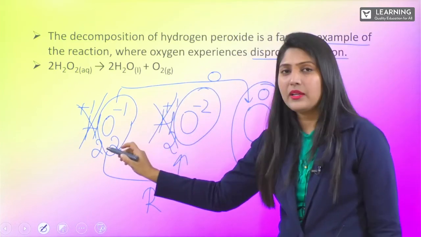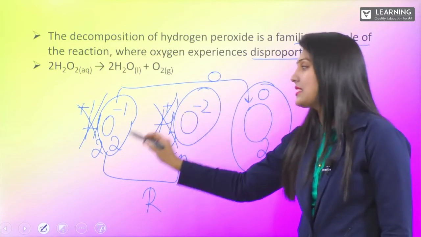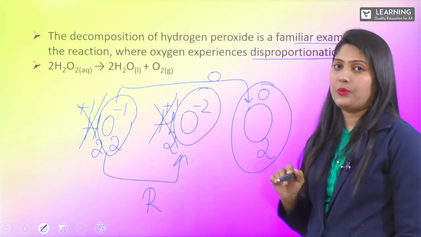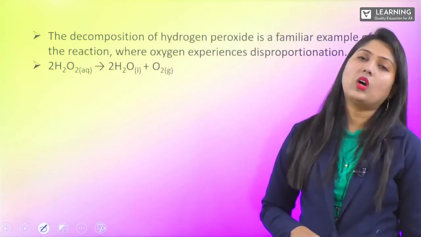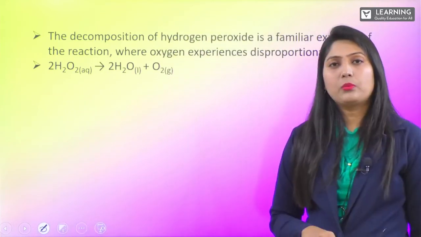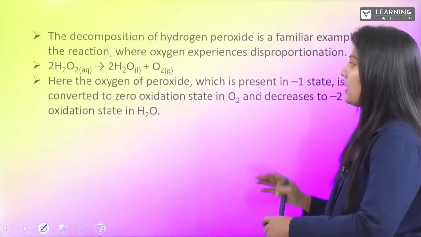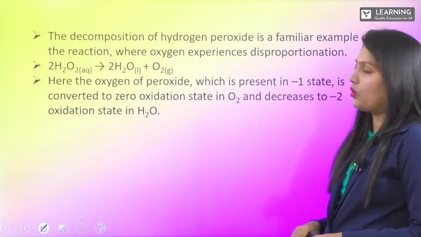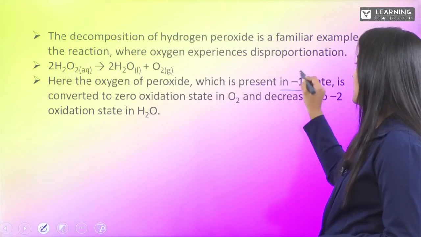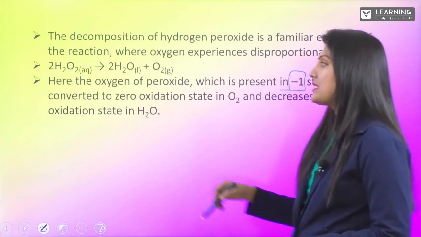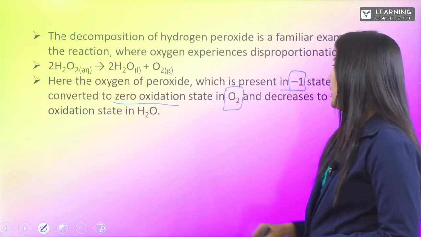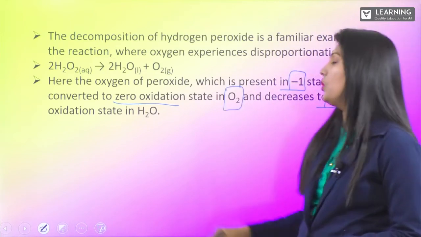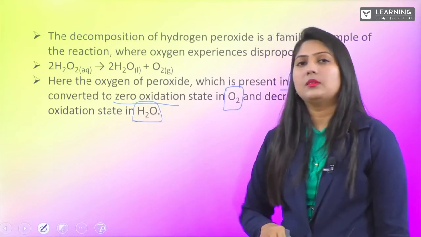The same element will undergo reduction and the same will undergo oxidation. Got it? That type of reaction is called a disproportionation reaction. Here the oxygen of peroxide, which is present in the -1 state, is converted to 0 oxidation state in the oxygen molecule and decreases to -2 in the water.